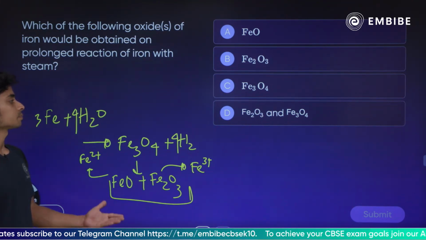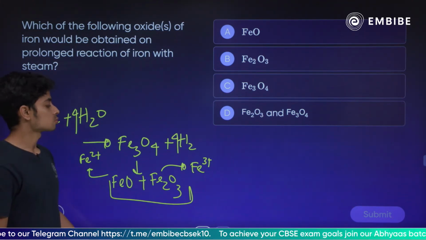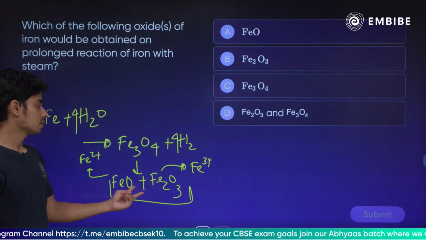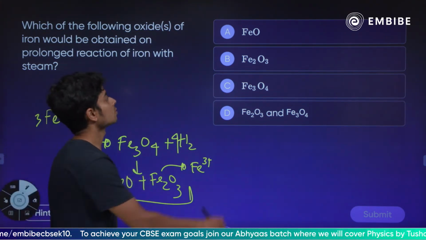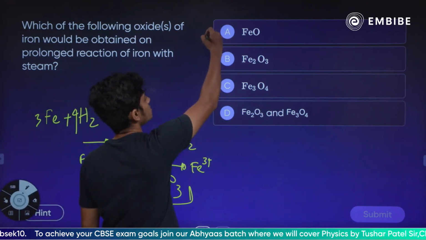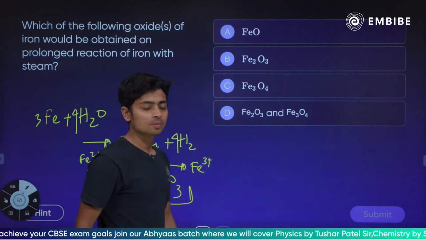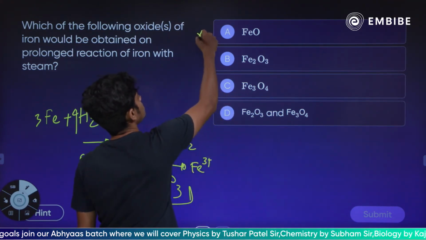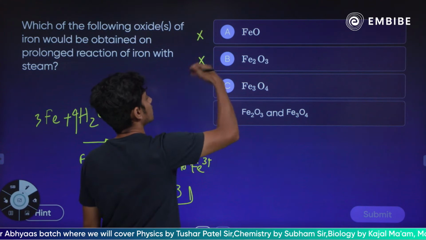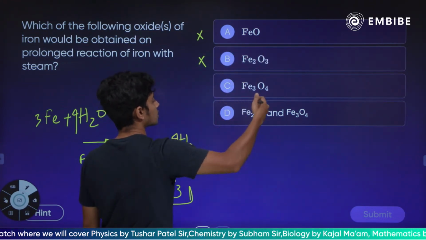So let's see the options. You have 2 products, and the combination of the 2 products is named Fe3O4. Obviously FeO is only one of the 2, so it is not a multi-correct option question, it is a single correct option. Therefore option A is wrong, option B is also wrong. Individually they are right, but as a combo they are wrong.